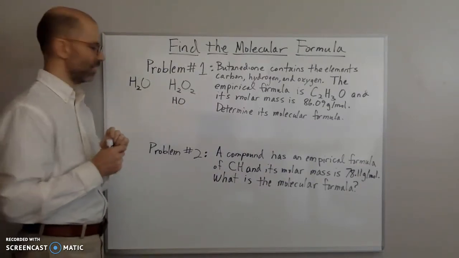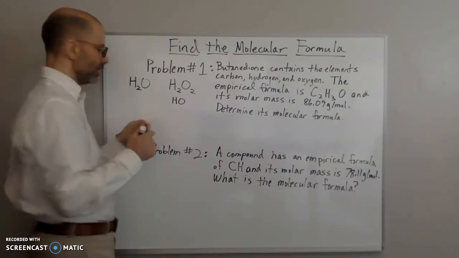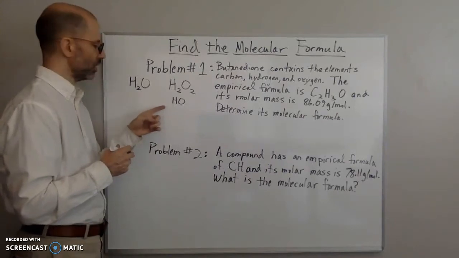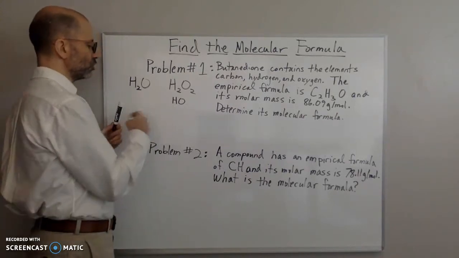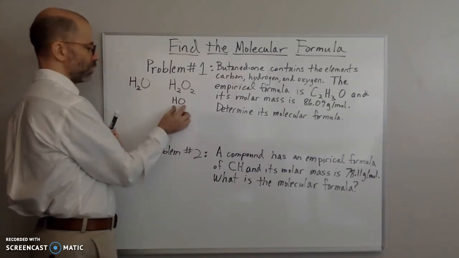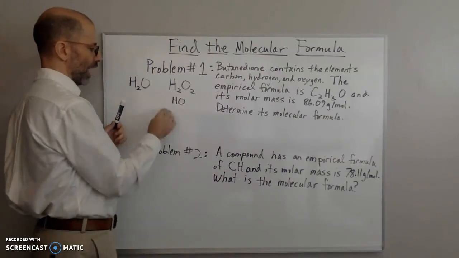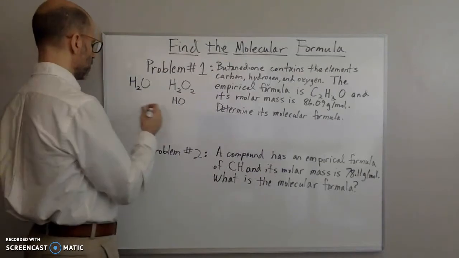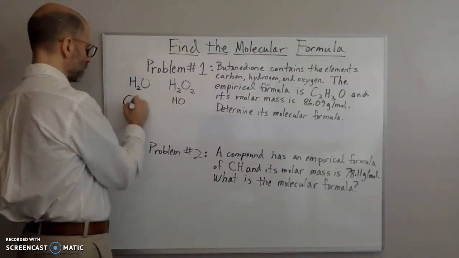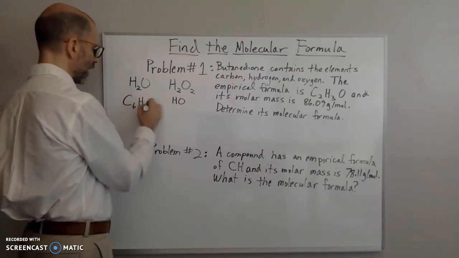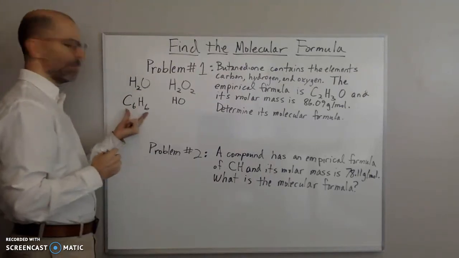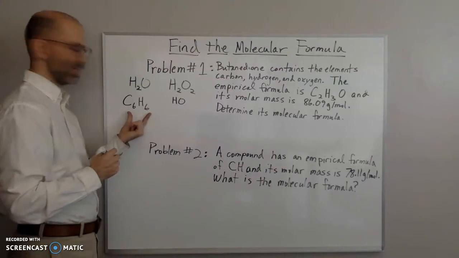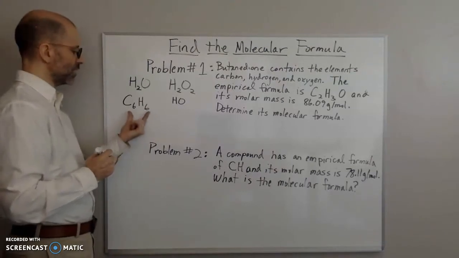So the empirical formula can be the same as or it can be different, but one thing you want to keep in mind is that the difference is going to be some factor between these, right? So you'll see that in order to go from the empirical formula to the molecular formula, I need to multiply by 2, so by a factor of 2. If you know benzene is C6H6. That is the molecule of benzene. So the molecular formula of benzene is C6H6.